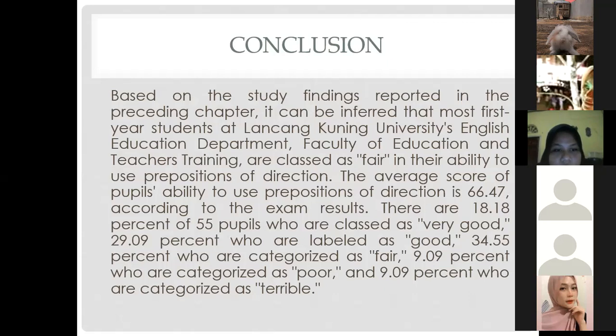According to the exam result, there are 18.18% of 55 students who are classed as very good, 29.9% who are labeled as good, 34.55% who are categorized as fair, 9.9% who are categorized as poor, and 9.9% who are categorized as terrible.